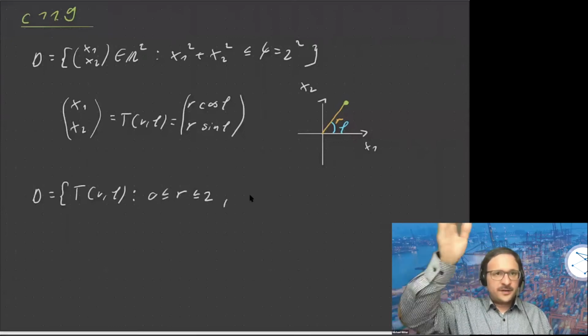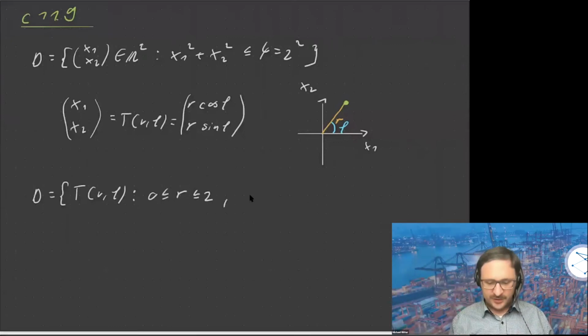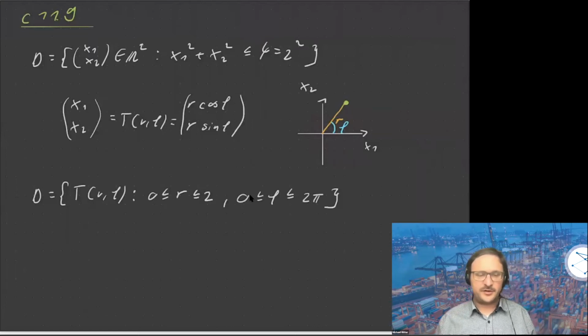And we want to take the whole disk, so the angle there is between 0, that corresponds to this line, and then it moves around and around, and here we have an angle of 2 pi when we reach this line once again. So 0 is less or equal to phi is less or equal to 2 pi. And that means in polar coordinates, the description of this set of the circle is very easy.